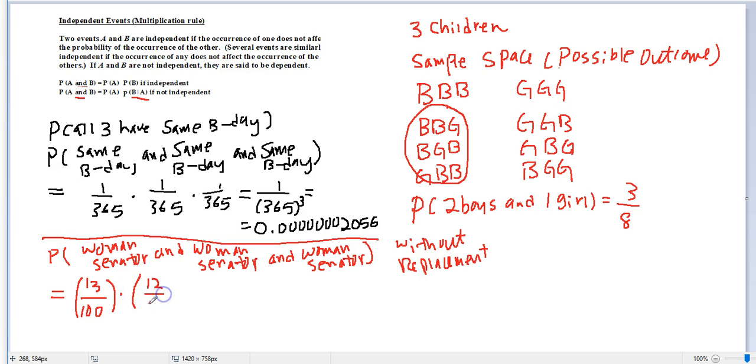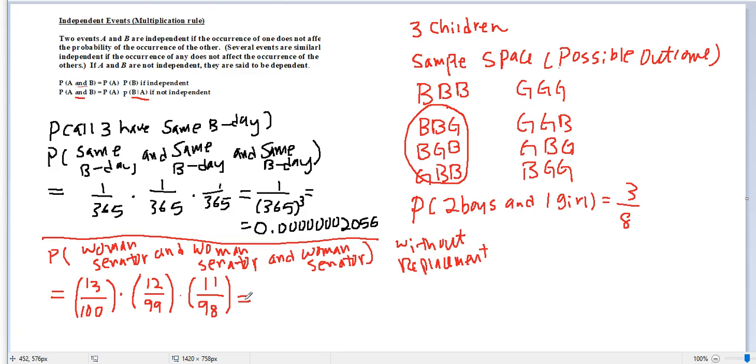That will be 12 over 99. And the last one will be the same thing, we reduce by 1. That will be 11 over 98. So that will be the probability that you will pick all 3 women senators, right?